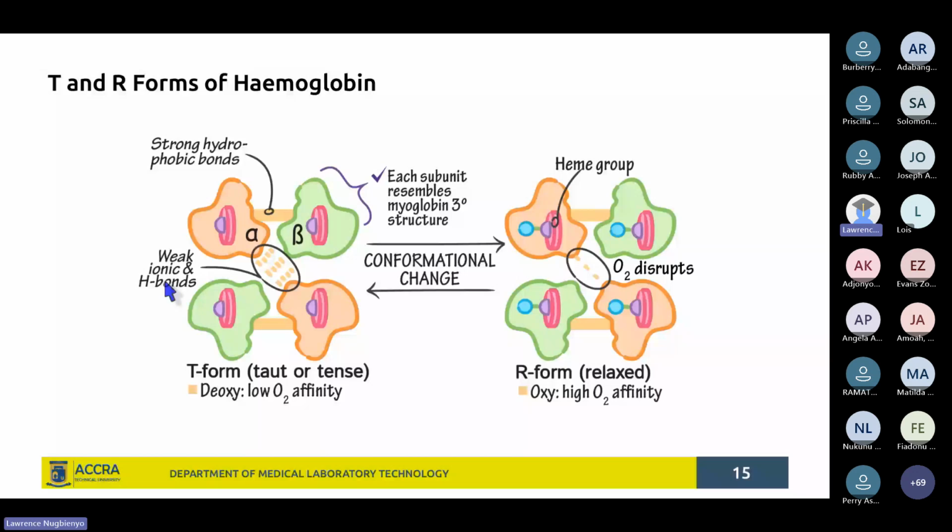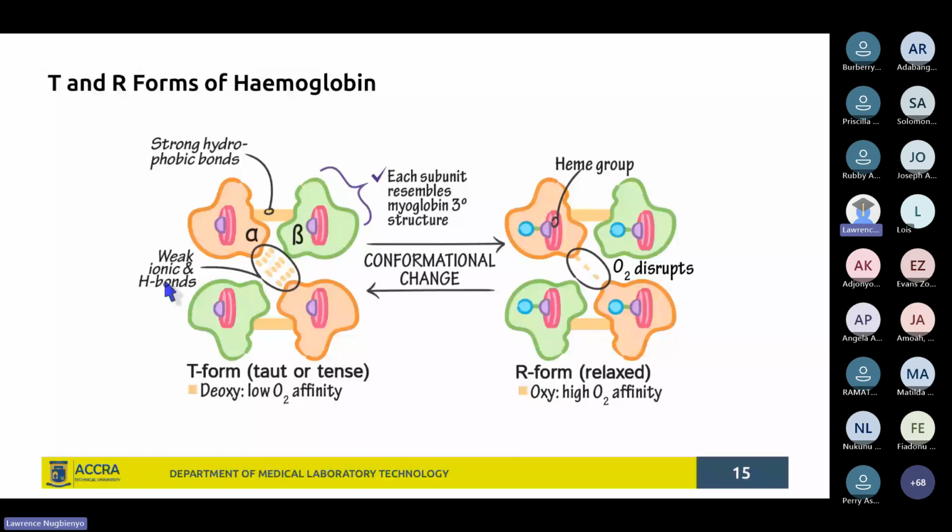Actually, those are bonds which you find also in tertiary structure, like hydrogen bonds, disulfide bridges, salt bridges, hydrophobic interactions. Those were bonds which you saw in tertiary structure of proteins, and it is those same bonds that you find between subunits that bring these subunits together to form a quaternary structure of proteins.